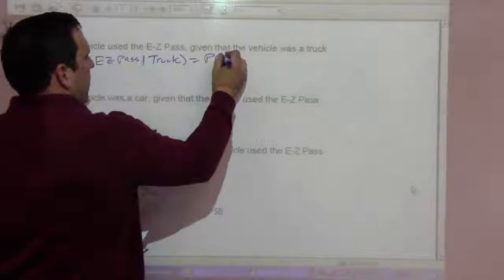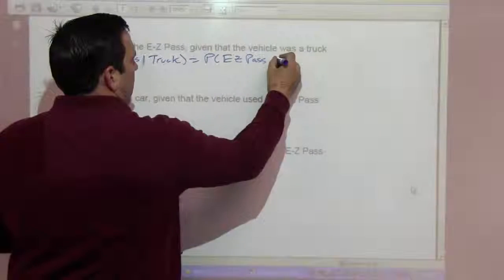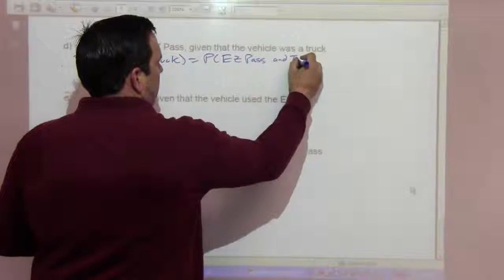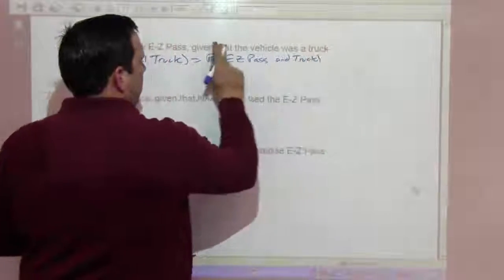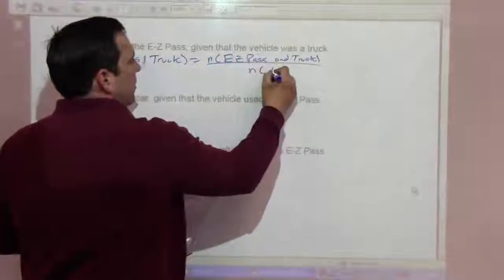That's the number of Easy Pass and trucks divided by the number of trucks.